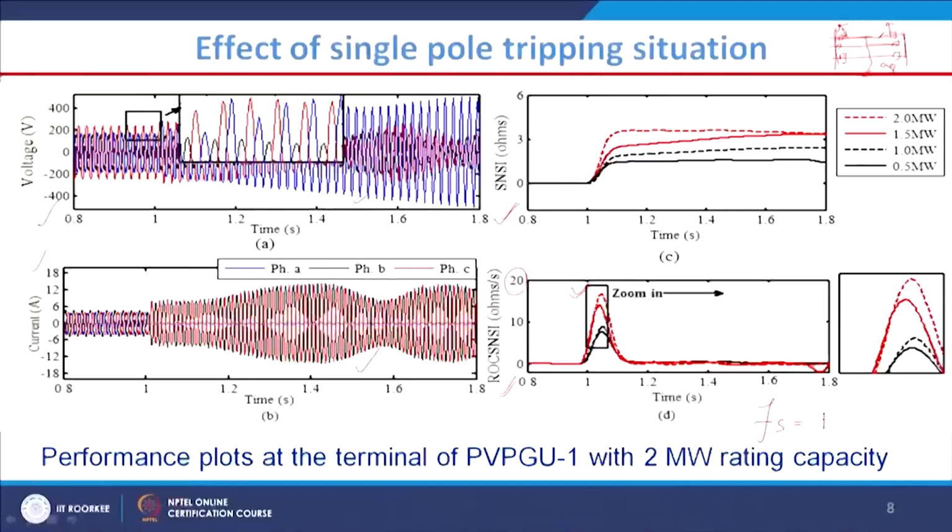This is also one of the demerits of this particular technique. If the sampling frequency varies, then the corresponding threshold also changes. This is for sampling frequency Fs equal to 1 kilohertz. For this single pole tripping situation, this is declared as a non-islanding situation. It is not declared as an islanding situation.